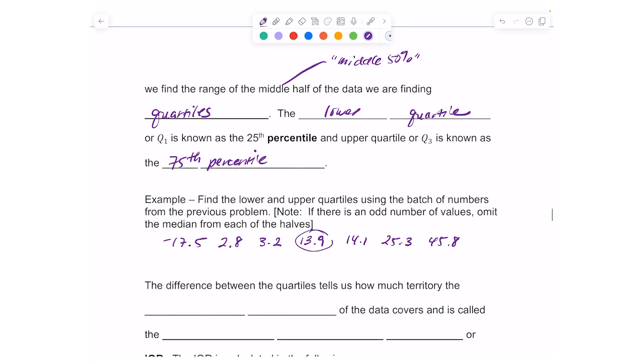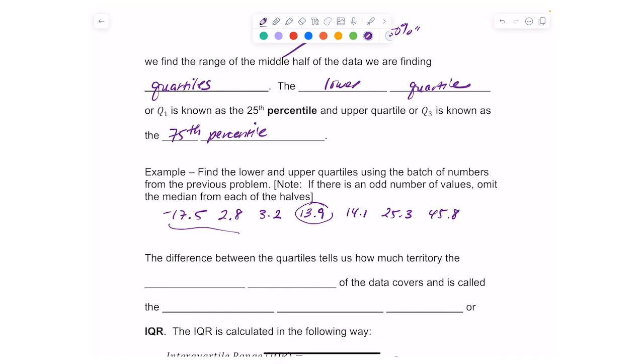I'm not going to include the median now when I find my lower and upper quartiles. To find my lower quartile, I'm going to look at the lower half of the data, again omitting the median. And by the way, if there's an even number, you wouldn't include the median either.